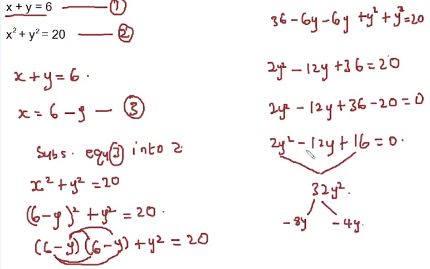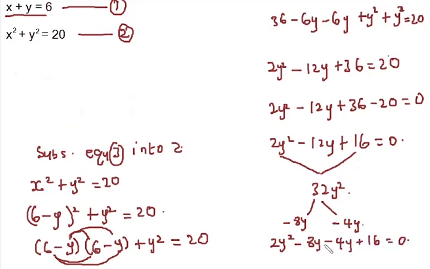So I'll be using them and adding them up inside here. So this is 2y squared minus 8y minus 4y plus 16 is equal to 0.